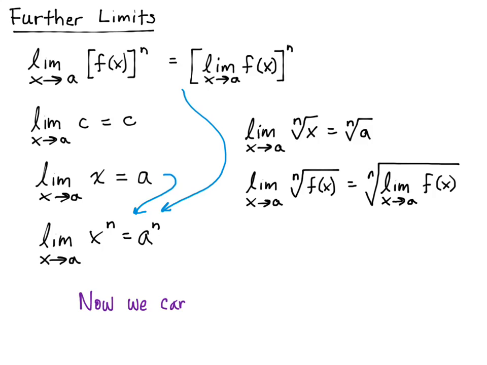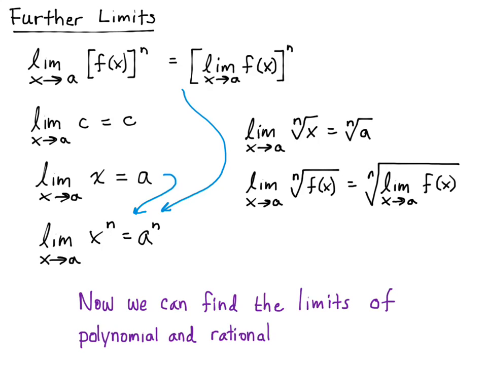So then what we have now is that we can find the limit of any polynomial function and rational function. And it's okay if we don't fully understand this yet, but once we do some exercises, you'll see the utility of these.